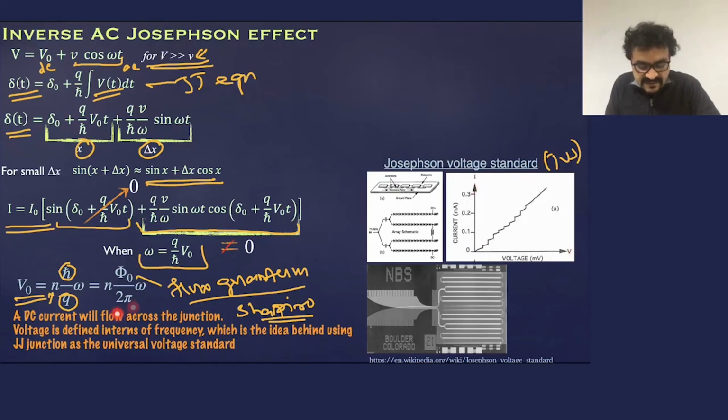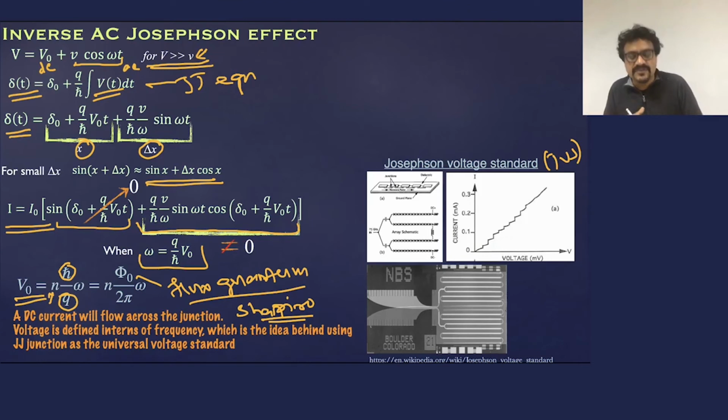Whenever this is satisfied, you will get a step in the current. This is the schematic, and this is a picture of an actual device configured in a very similar way, where you have an array of Josephson junctions consisting of thousands of junctions. Depending upon the voltage that you want to standardize, the number of junctions also goes up accordingly.